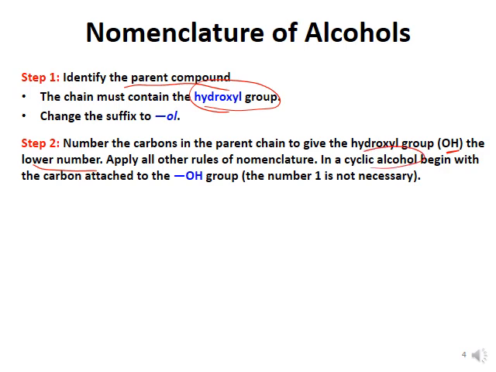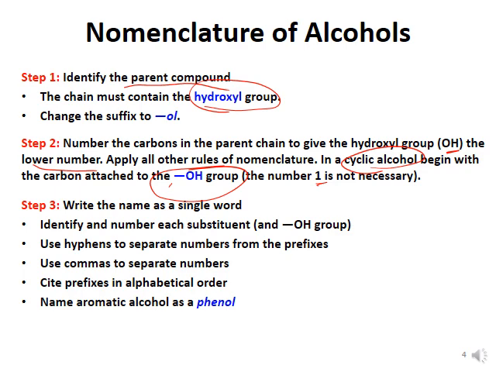And when we have a cyclic alcohol, we always start the counting as 1 where the OH group is. And so you never have to write in the 1. It's redundant. And then you write the entire name as a single word, identifying the number in each substituent and the hydroxyl group, unless it's on carbon 1.